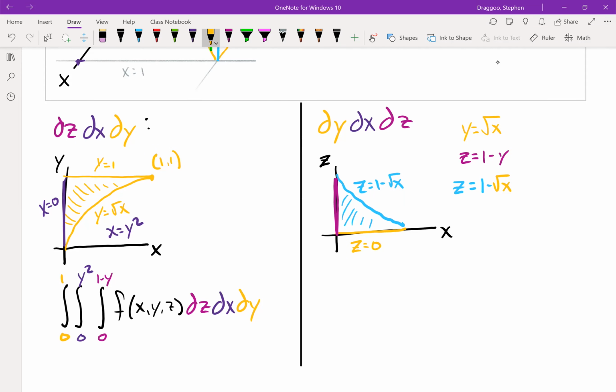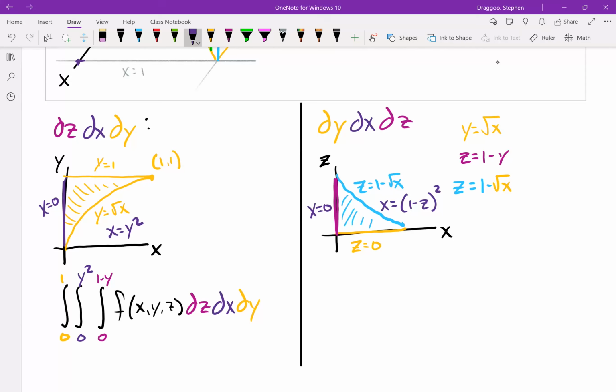But if we're doing x second, we're going to need to have equations for x that get us each of these lines. So along the left side, we've got the equation x equals 0. Along the right side, if we just rewrite that thing for x, it would be x equals 1 minus z squared.